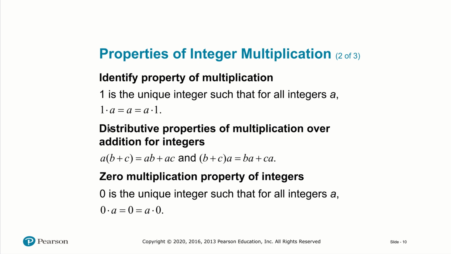commutative property. Now, the distributive properties of multiplication over addition of integers, we have the left distributive property, so you can distribute into this group from the left and get a times b plus c equals ab plus ac. And you have the right distributive property, which says you can distribute from the right and get BA or AB plus CA or AC.